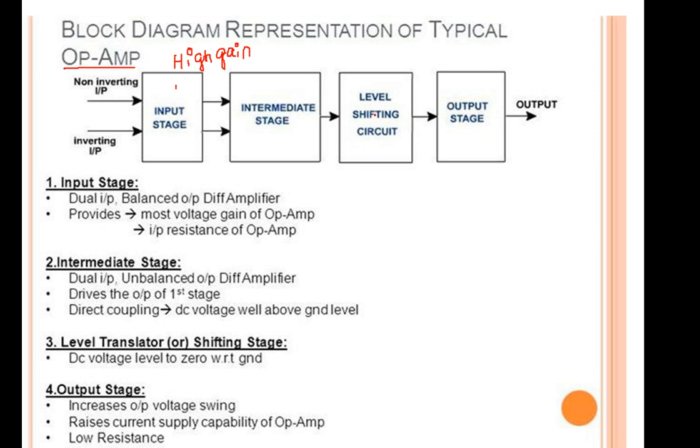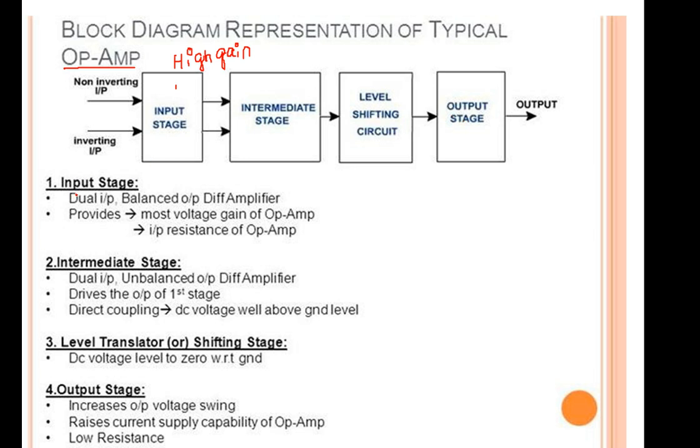The next block is the level shifting circuit, also called the buffer or level translator, and at the output stage we use the power amplifier. So at the input stage, this is the dual input balanced output differential amplifier, this is the dual input unbalanced output differential amplifier, this is the level shifter stage, and this is the output stage. We will discuss them one by one.